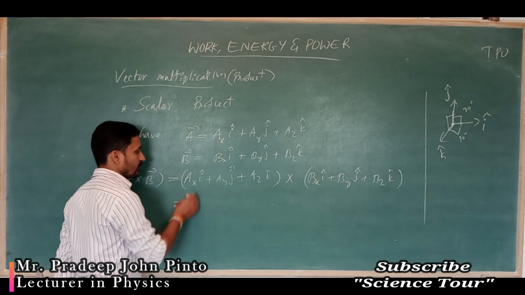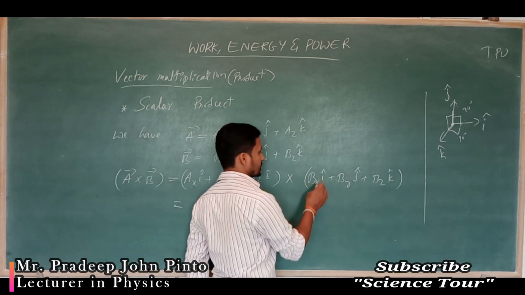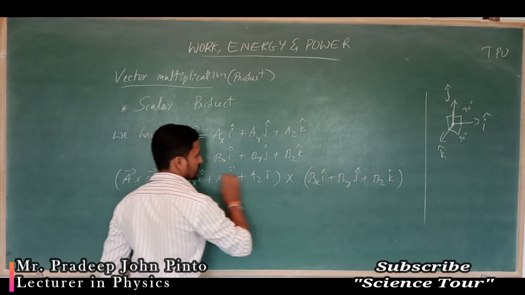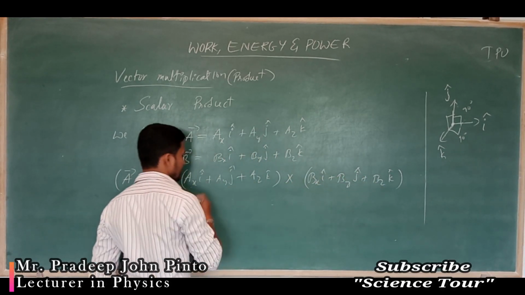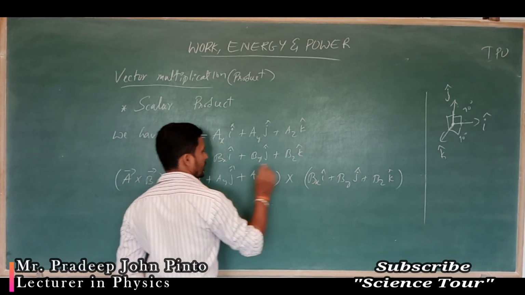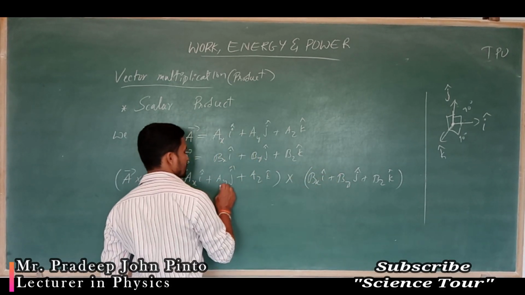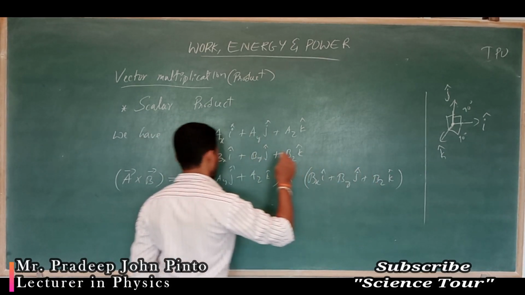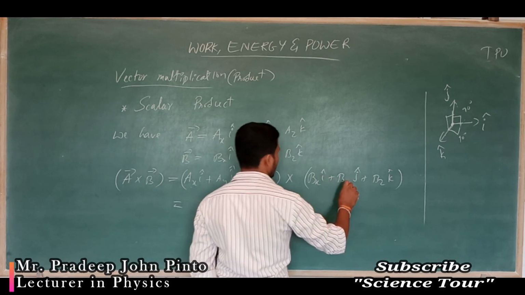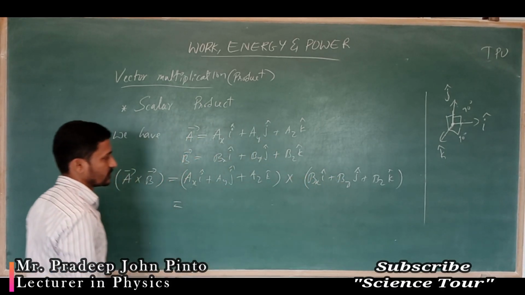Now what do I have to do? Ax into bx, ax into by, ax into bz, plus ay into bx, plus ay into by, plus ay into bz, plus az into bx, az into by, az into bz. That you have to write down.